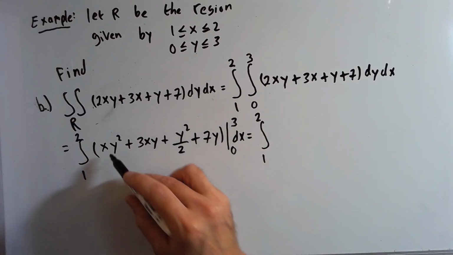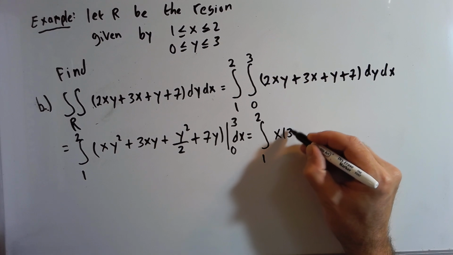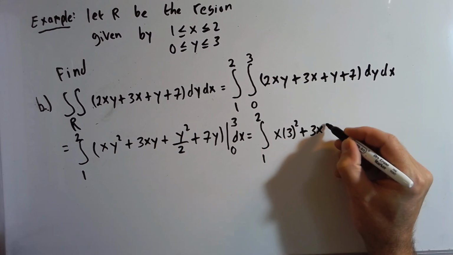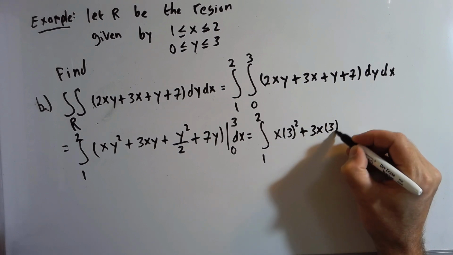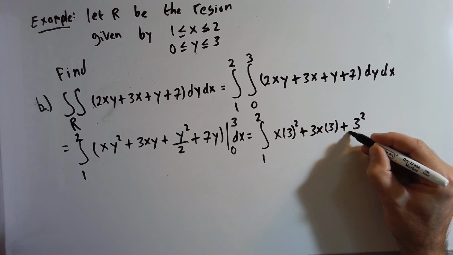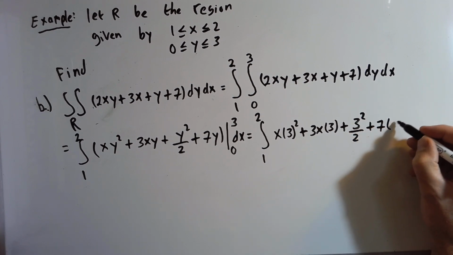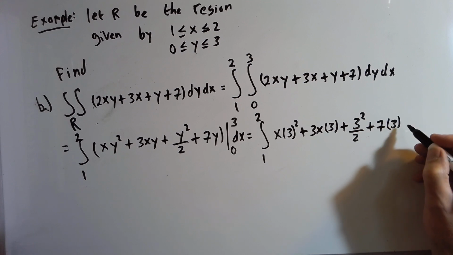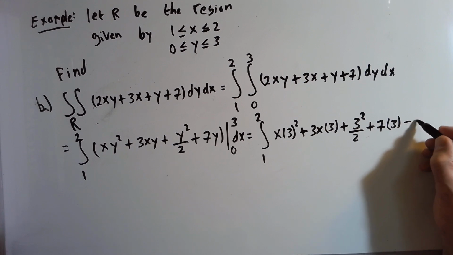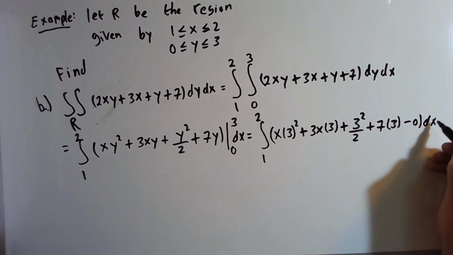So putting 3 in place of y everywhere, it will be x times 3 squared plus 3x times 3 plus 3 squared over 2 plus 7 times 3. Then when you put 0 in place of y, it'll make everything 0, so it'll be just minus 0 then. That will be dx after that.